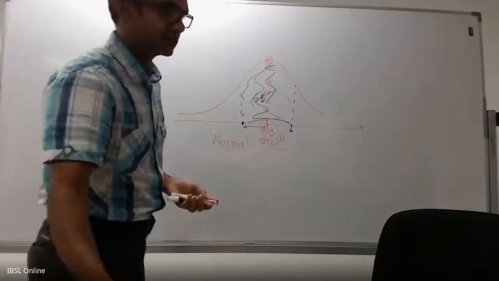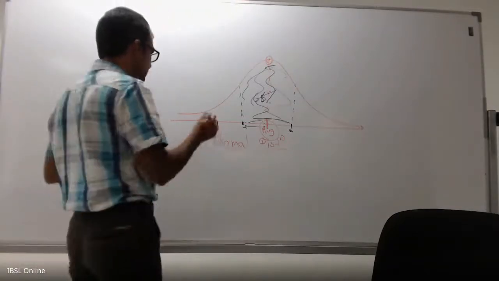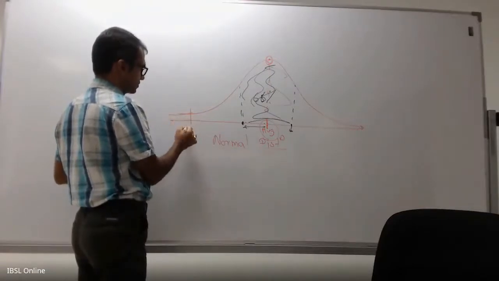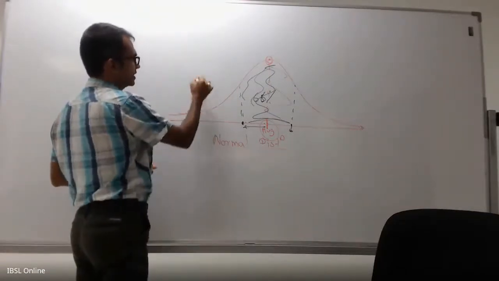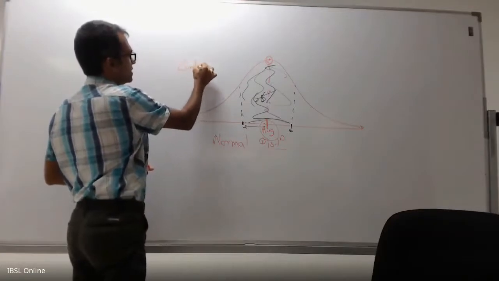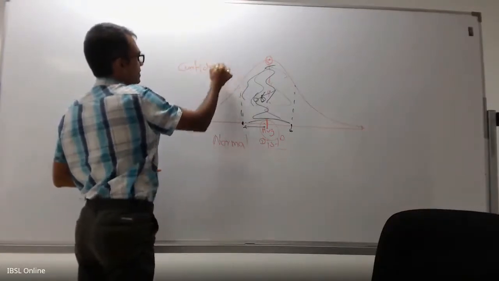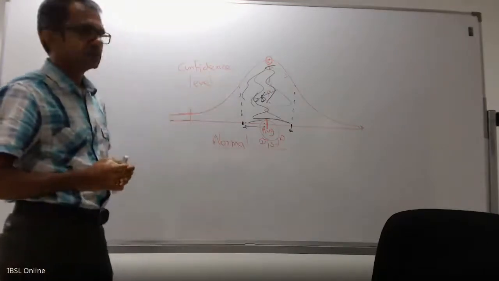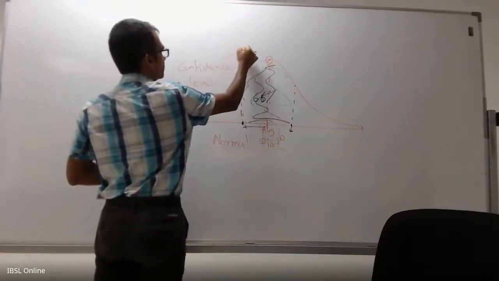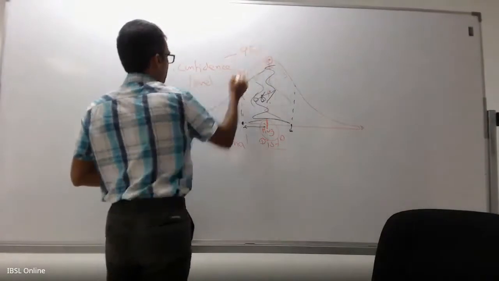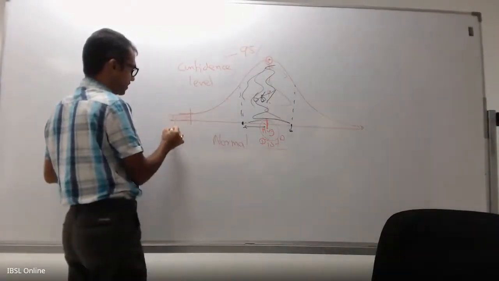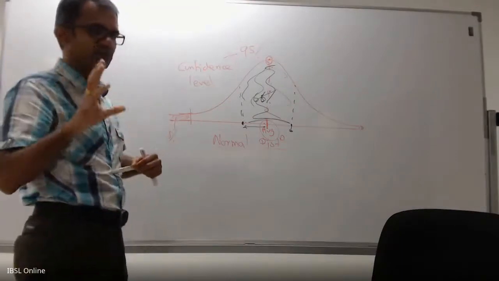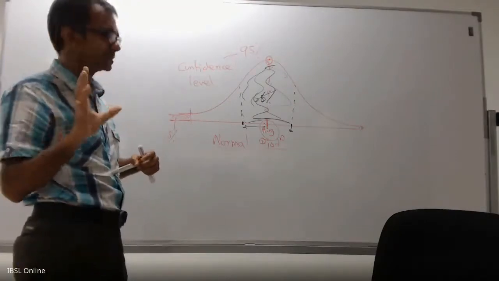But in the value at risk, what we measure, we need the confidence level. There's something called confidence level. That means how confident we are about our estimate. If the confidence level is 95%, that means we consider the lowest 5%.